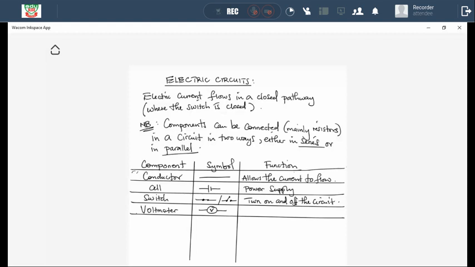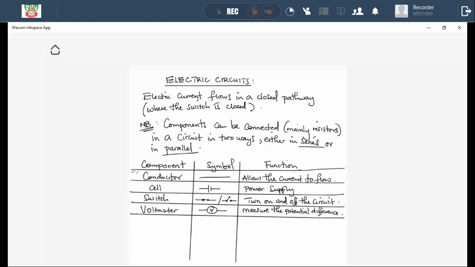The function of a voltmeter is to measure the potential difference between two points, right? So our voltmeter is normally connected across the battery or the power supply, right?